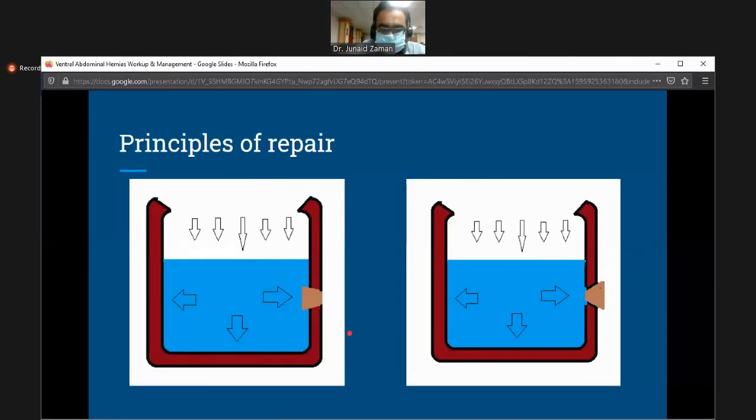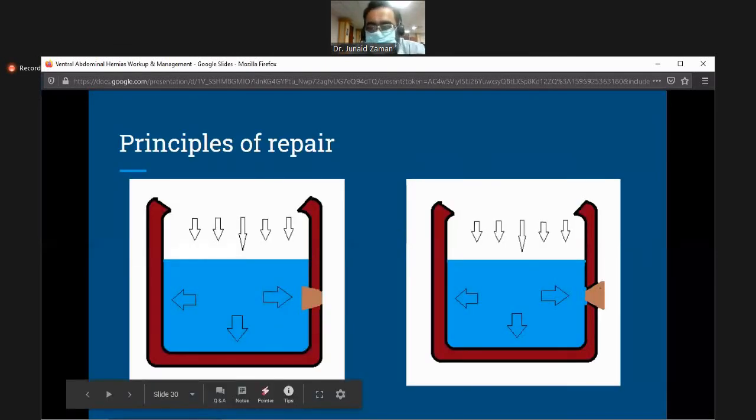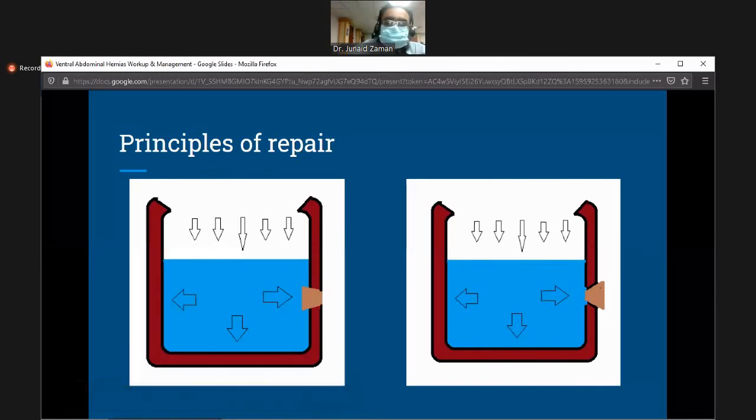I'm going to scroll down again, and we talk about two conditions. Assume you have a beaker which is filled with fluid. On the right side of the screen, you can see the beaker, and there is a cork which is coming from outside. We push the cork from the outside, and the water inside the beaker is constantly exerting pressure on all the walls.